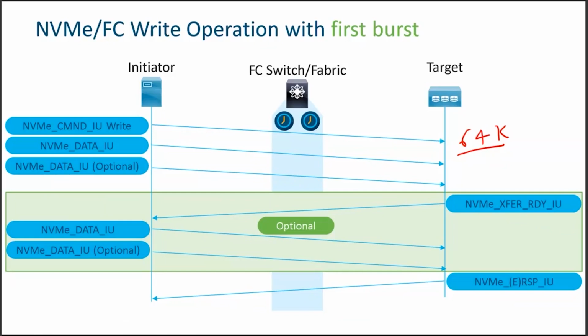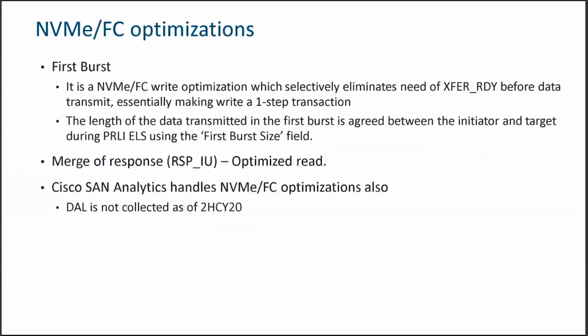Okay, thank you. In this example, where we don't necessarily have a transfer ready before the initiator starts sending its data, how do we calculate the data access latency? Well, I love that you thought about that, because look at my third bullet here. We don't do that today.